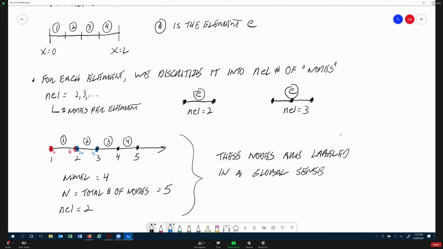Then we do some calculations at the element level. And then we have to take the result of those and do coordinate transformation to get back to a global coordinate system. So it's about creating relationships.